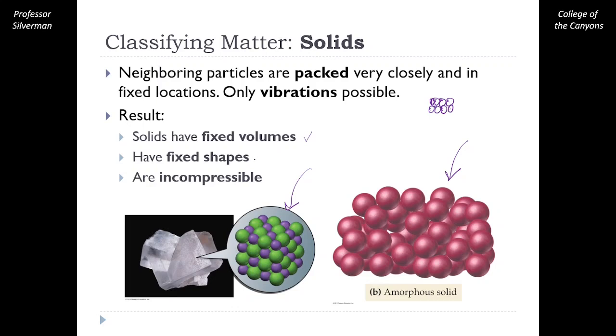Our solids also are going to have fixed shapes, again, because of that rigid structure. And lastly on this list, our solids are incompressible. We can't smush them together, compress their volume to be any smaller, because once again, those atoms are as packed together as possible already.